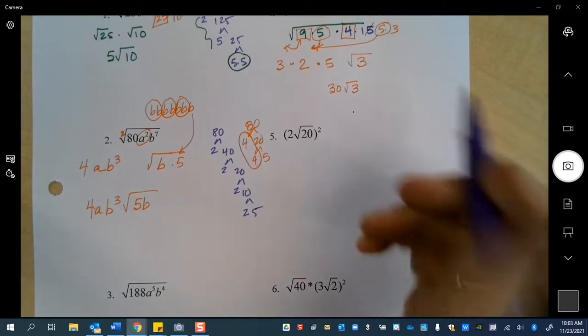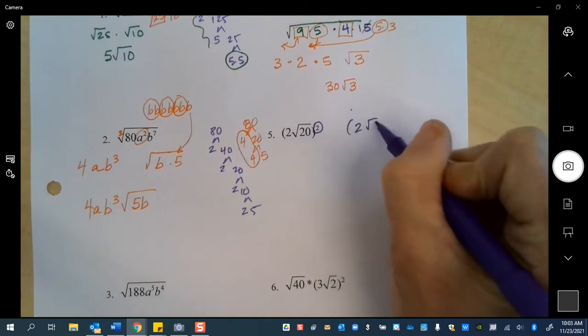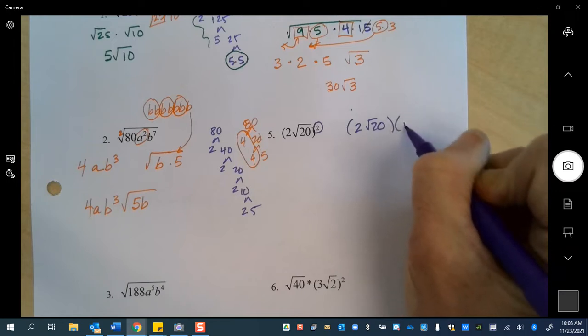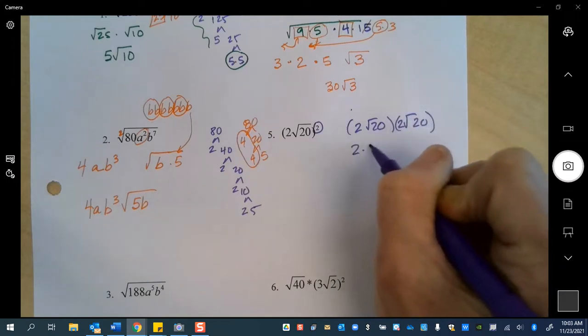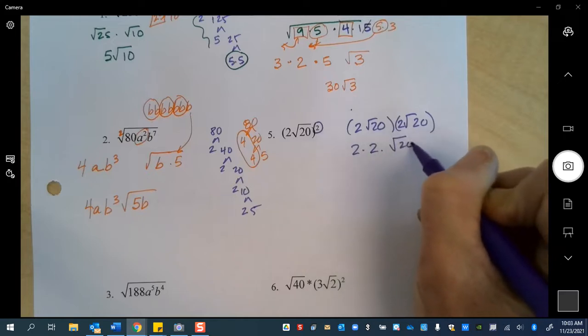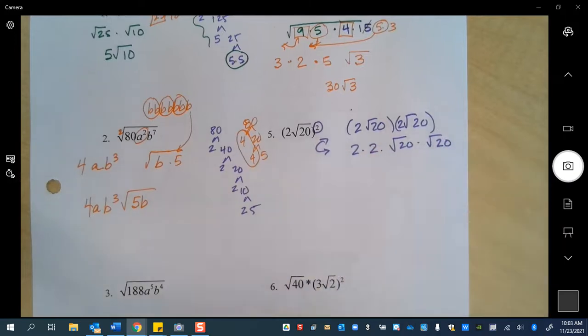Anytime I have a radical squared, this means 2 times the square root of 20 times 2 times the square root of 20. That's 2 times the square root of 20 times the square root of 20. My commutative property says you can go ahead and multiply things in any order you want to.